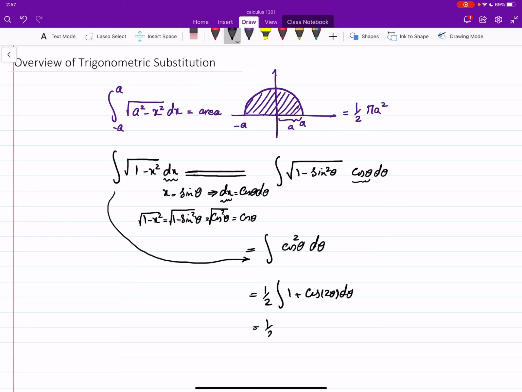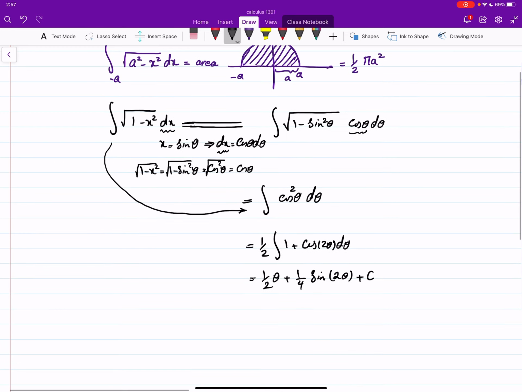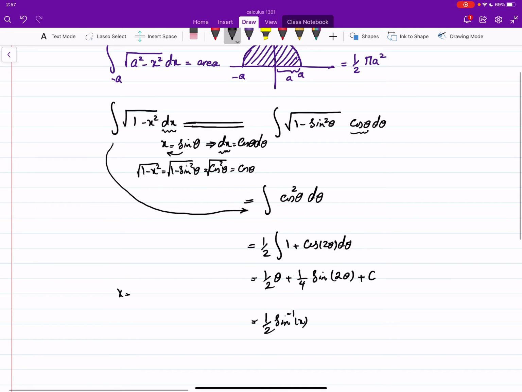I'm going to go a little bit fast here. And then I'm not done unless I plug the original variable back in. If our theta is in a good range, then if x is equal to sine theta, I can say that sine inverse x is equal to theta.